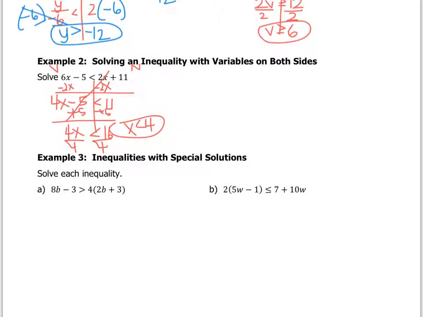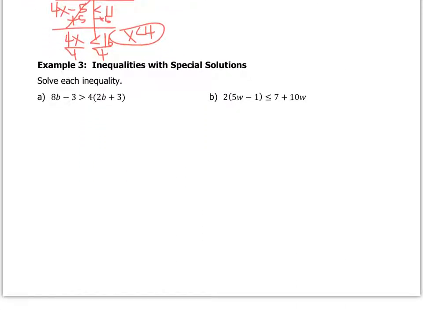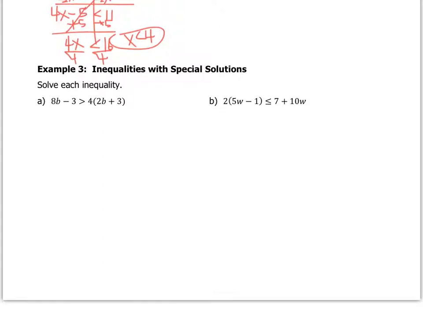Alright, let's move along to some more complex inequalities. For this one, we have distributive property. So the first thing that I'm going to do is distribute this 4 to the parentheses. So I'll get 8b minus 3 is greater than 8b plus 12.